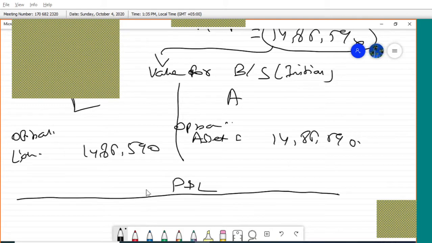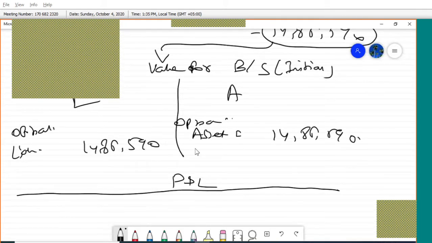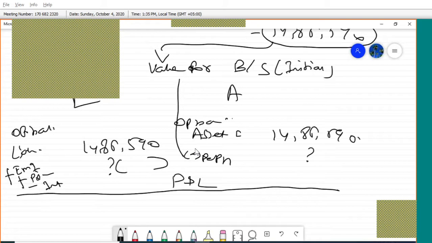What to account? Because this is an asset, we have to provide depreciation. We have to calculate depreciation. This is a liability. We have to pay EMI. EMI includes two things. One is principal, another one is interest. We have to identify and deduct the principal amount, and deduct the depreciation, and arrive at the closing balance.